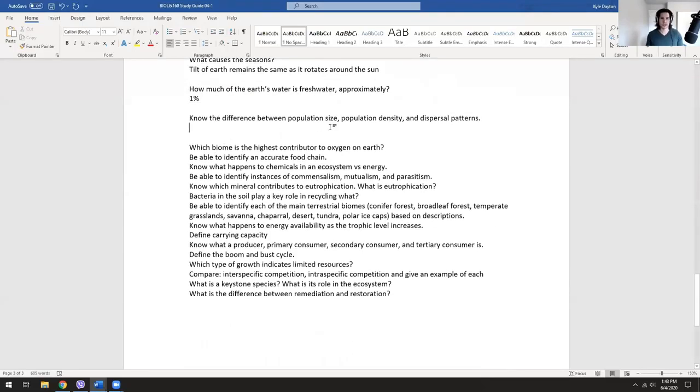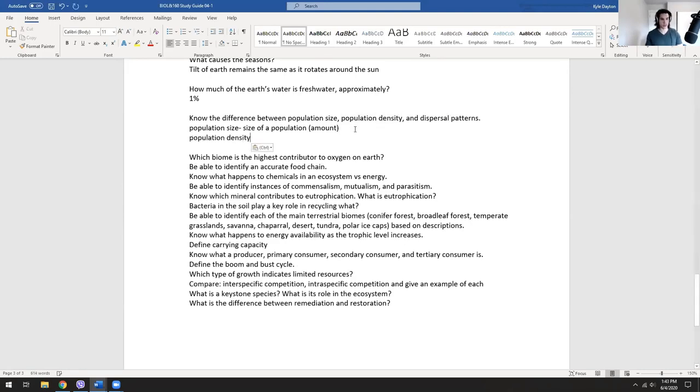Know the difference between population size, population density, and dispersal patterns. These are kind of contained within the terms themselves. Population size would be the size of a population, the number of individuals within a population. Density is the size of the population, or amount, in a given space.